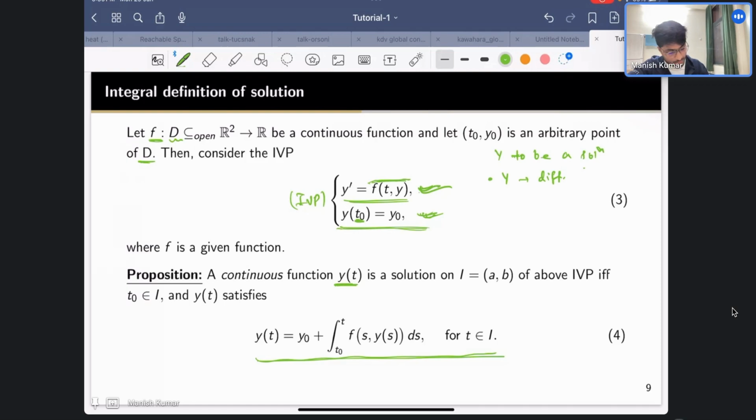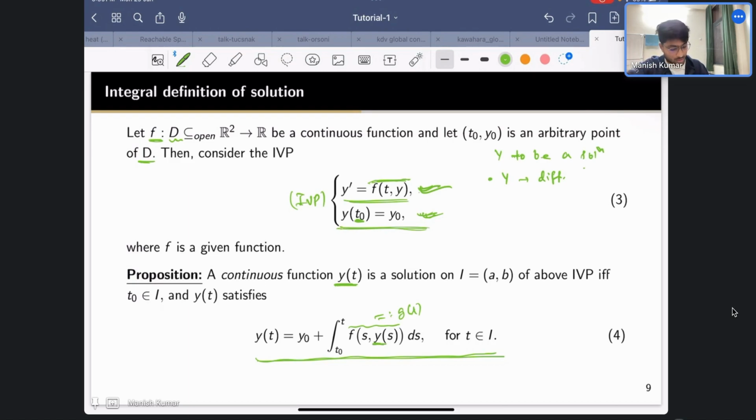Why? When I say y is continuous and f is also a continuous function, as we have assumed, look at this function. This is just a function of s. Define this as g of s. Since f is continuous in both the variables and y is also continuous, you can prove that the function g is also continuous.